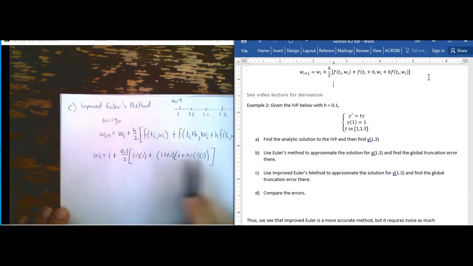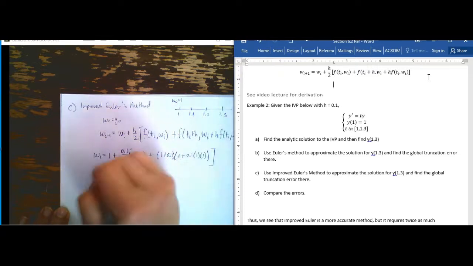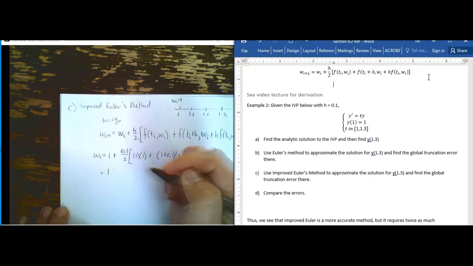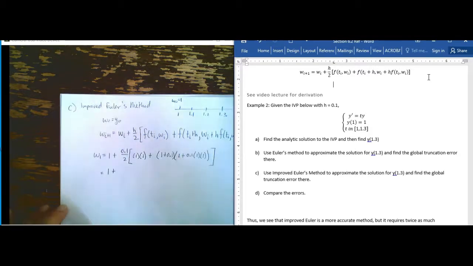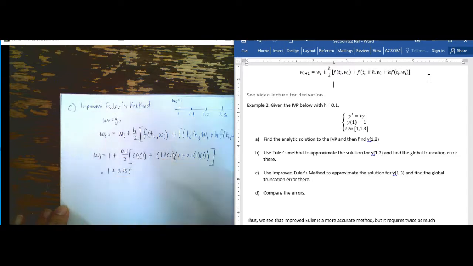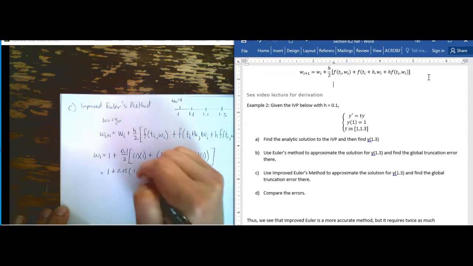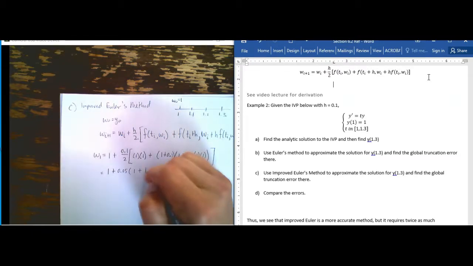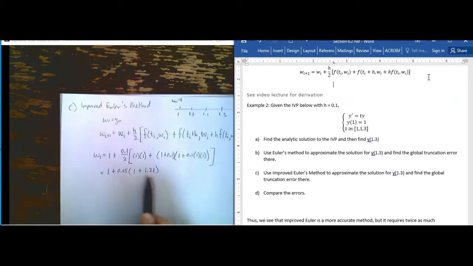Note that we already have these solved for, but we can solve for them again. 1 plus 0.1 divided by 2 is 0.05 times 1 plus, let's see what we get here, 1.1 times this is 1.1 as well. So 1.21. Oh, that's just the Euler method solution.